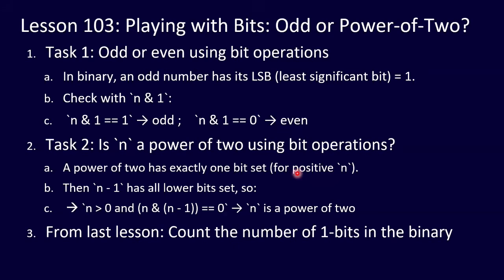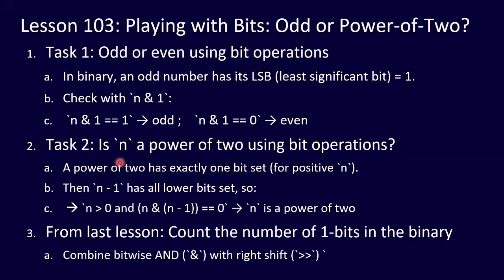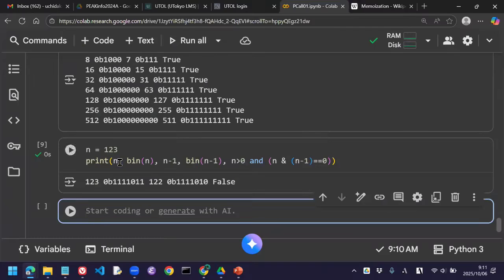Let's go back to the final question from the last lesson: count the number of 1 bits in the binary. Using this kind of logic, we can count by shifting, combining, and shifting. Let me explain this way.